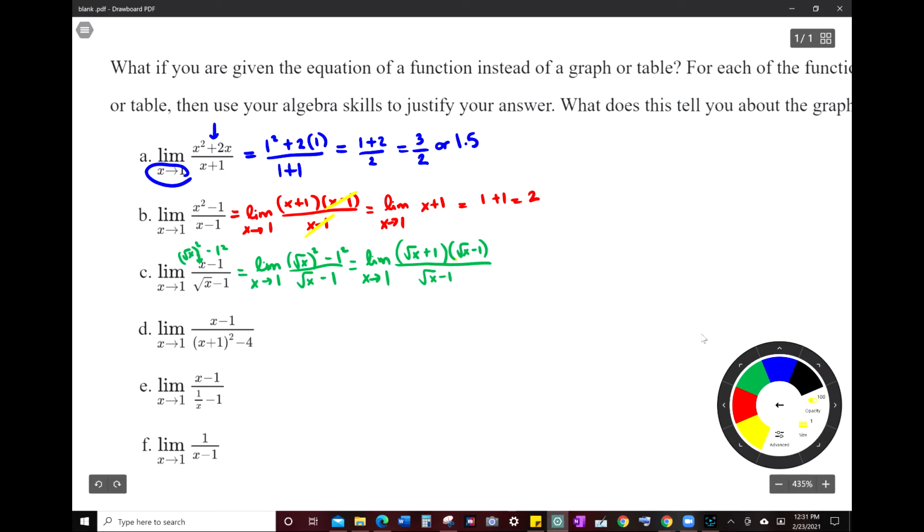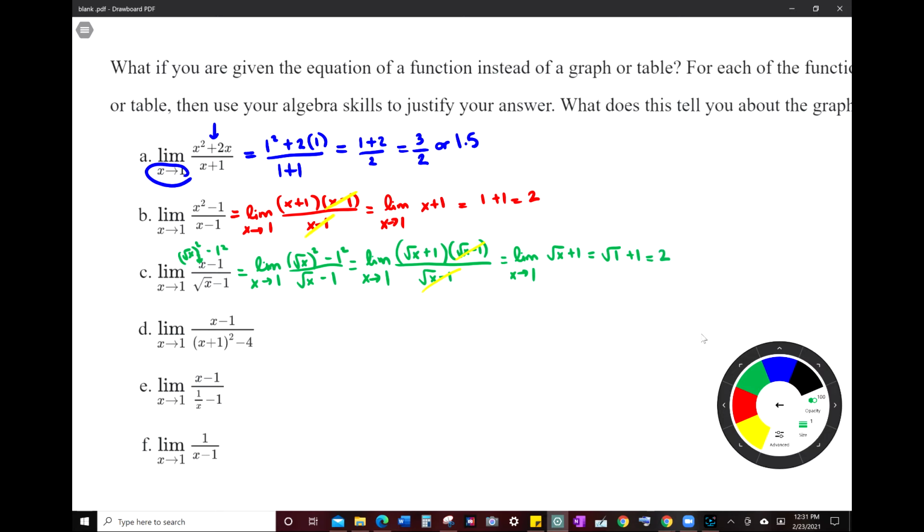And that allows us to simplify this part. So next we have the limit as x approaches 1 of square root x plus 1. And then we use direct substitution now. So square root 1 plus 1 equals 2.